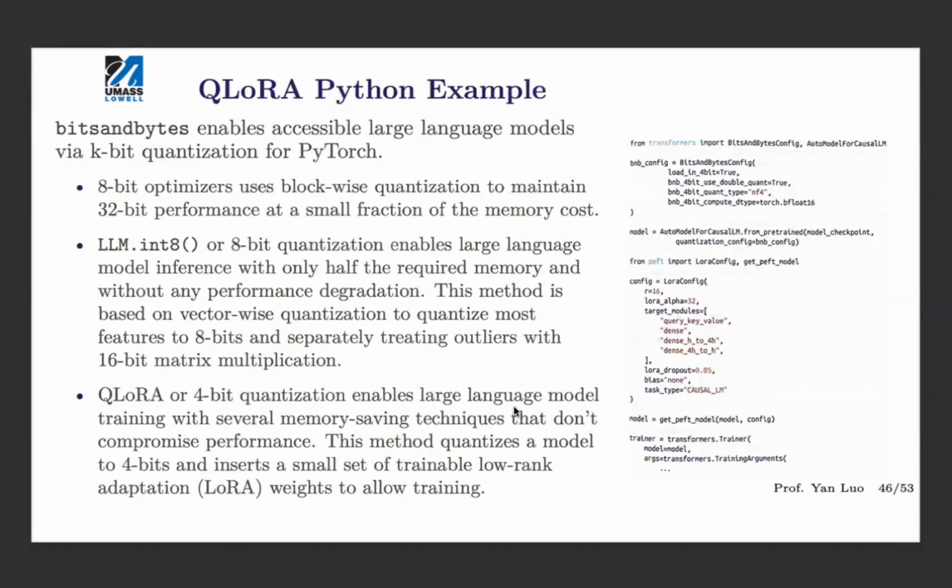So that's why we use a method called QLoRA. Q stands for quantization. So the basic idea is, instead of using a 32-bit parameter, we use 16, 8, or even 4 bits to store information.